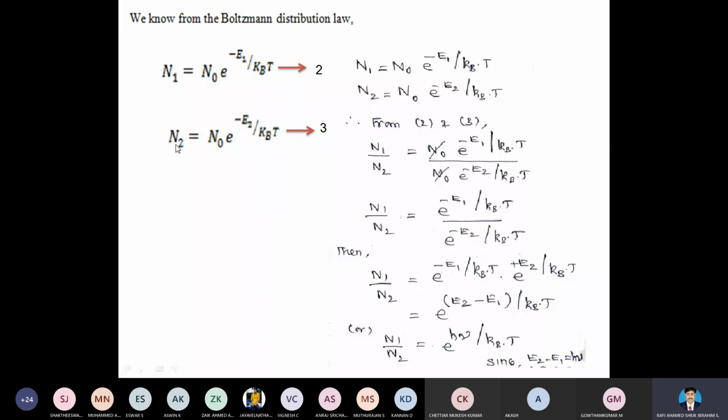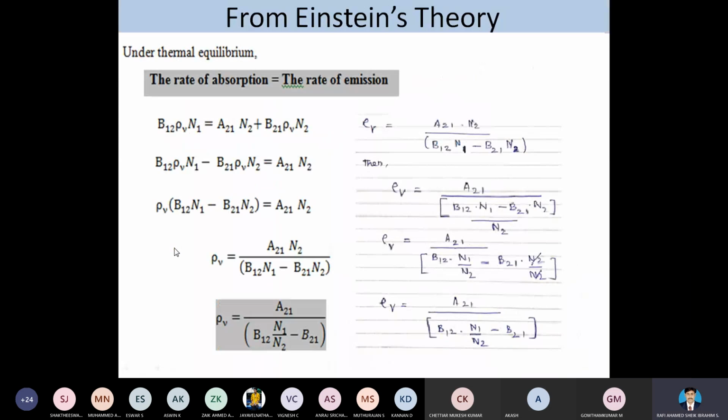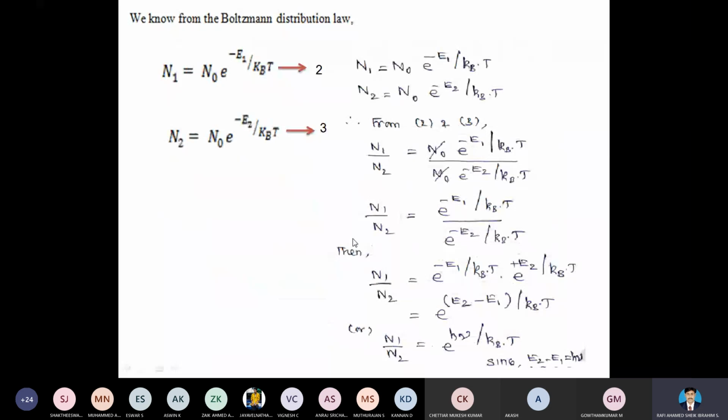Similarly N2 is equal to N naught e power minus E2 by kBT. I have taken as condition number 3. Now, to find the value of N1 and N2, we have to substitute the value of N1 here and the value of N2 here. By substituting and solving, we get N1 and N2. That will be the final step.